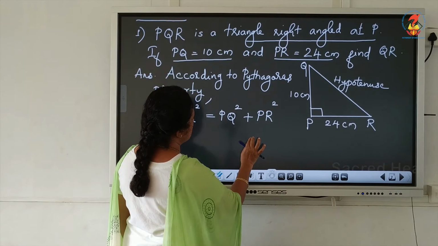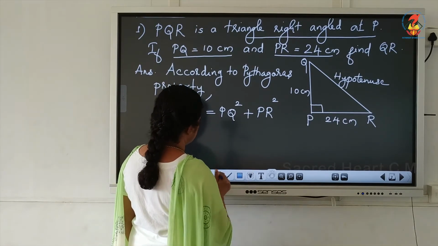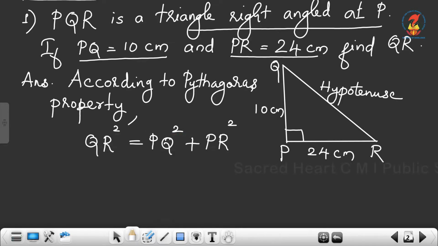Now, we have to substitute the values. PQ is 10, therefore, PQ square is 10 square, then plus PR is 24 cm, therefore, we can write it as 24 square. 10 square means 10 into 10 which is equal to 100, plus 24 square.